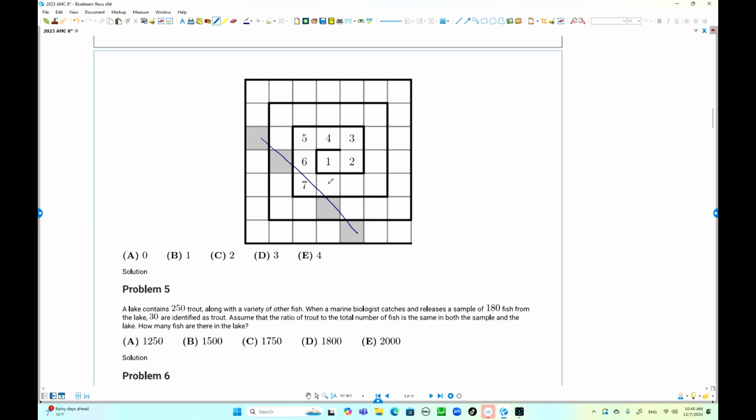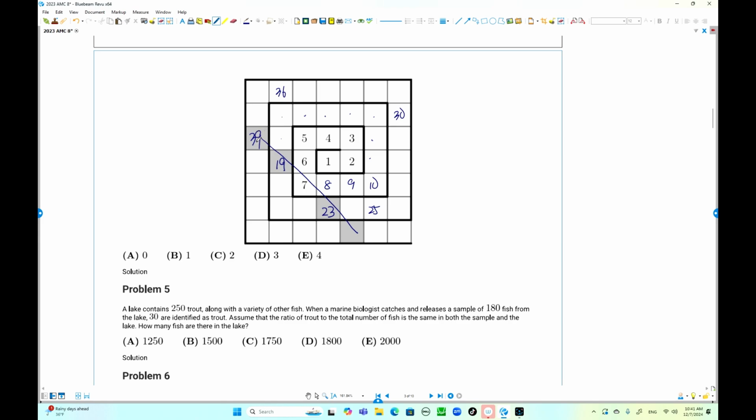We continue, okay? This is 8, 9, 10, 11, 12, 13, 14, 15, 16, 17, 18, 19. Okay, and 20, 21, 22, 23, 24, 25, 26, 27, 28, 29, 30, 31, 32, 33, 34, 35, 36 over here, right? 37, 38, 39.